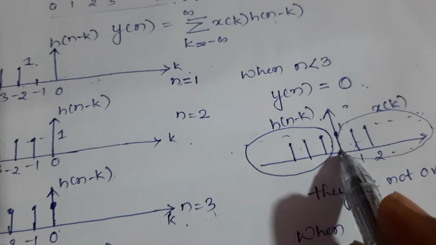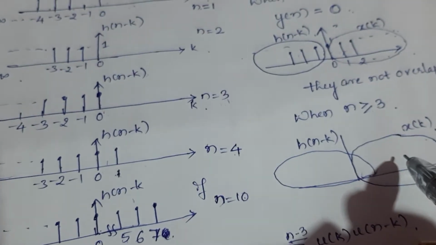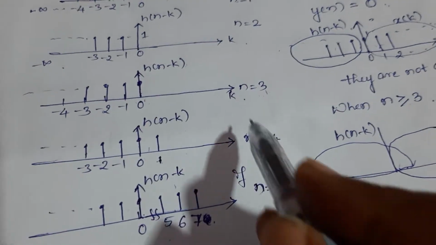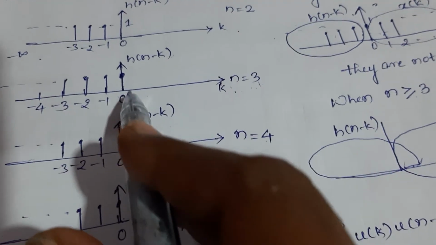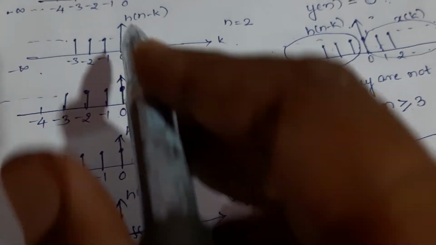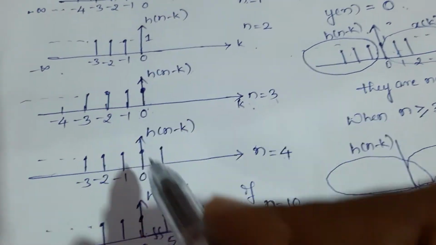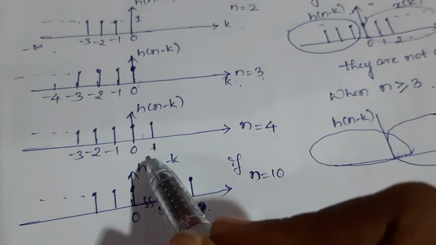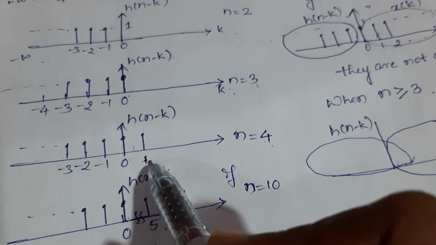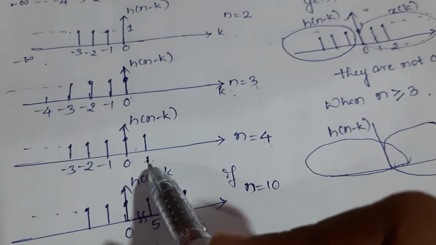Okay. Then up till what? If my n is equal to 3, it is 3, meaning only one sample gets multiplied. If my n is 4, then 1 and 2, meaning the higher range is 1.